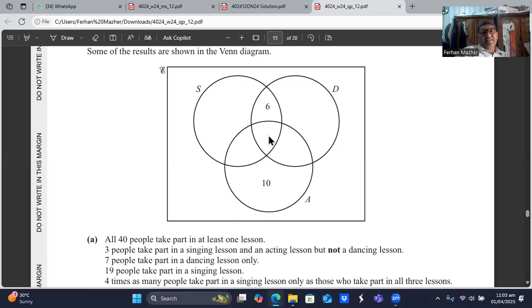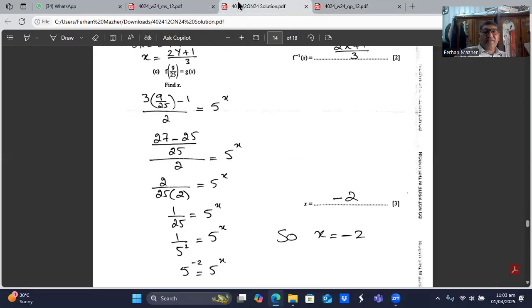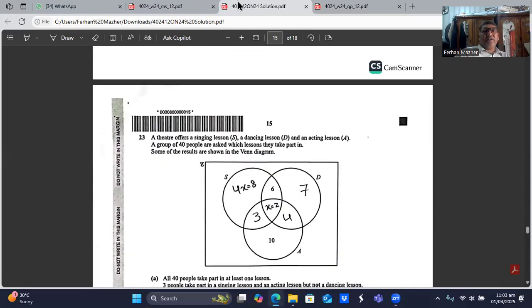So in all 3 lessons, X, and this is 4X. And then this 4X plus 6 plus X plus 3 will be equal to 19. And from there, I will be able to find out the value of X. It's a little tricky question.